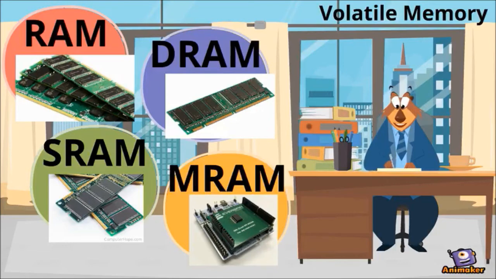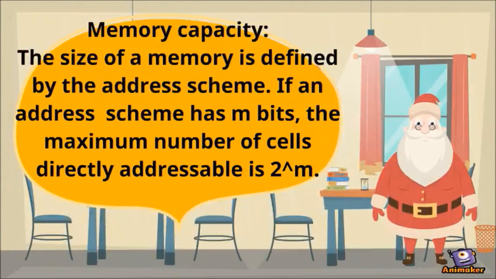Examples of volatile memory are RAM, SRAM, DRAM, and MRAM. Memory capacity. The size of a memory is defined by the address size. If an address has M bits, the maximum number of cells directly addressable is 2 to the power of M.